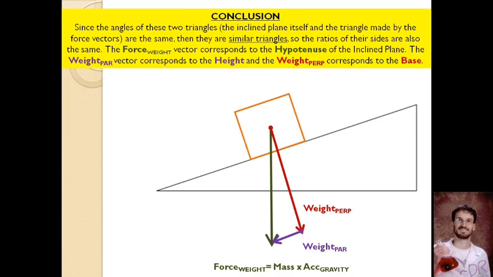So if this is the force of the weight, if this is the output, in other words, when we use this tool, doesn't matter how much force we are putting into it, if we are lifting it up in the air, this is what we're getting out. We're getting out the pull of gravity, the weight of the object.